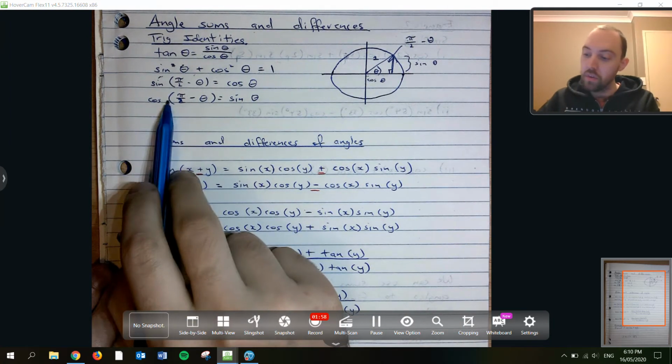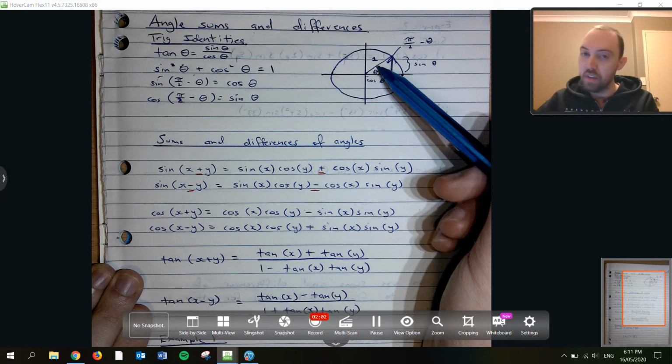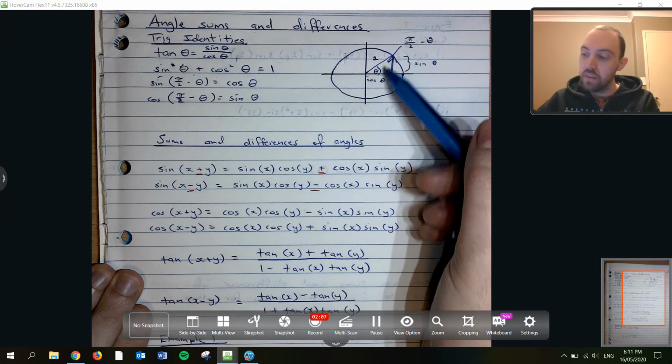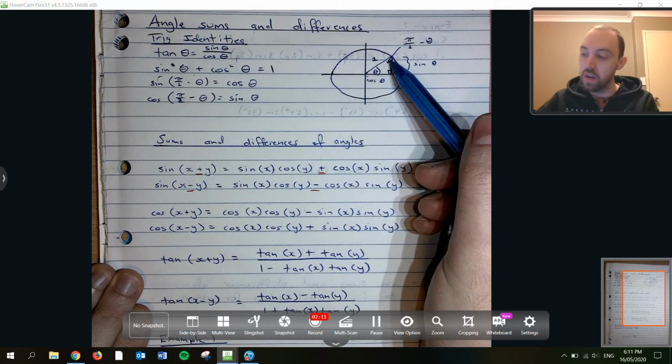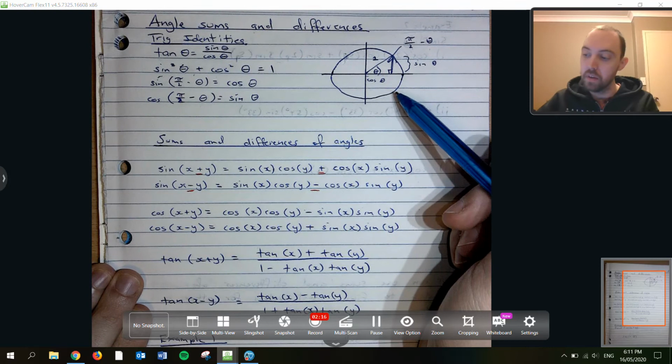These other two, sine and cos, are quite closely related because you're thinking of this angle here where we've defined sine and cos previously. If you think about the other angle here in our 90-degree angle triangle, this is 90 degrees, or pi on 2 radians. Take the angle, okay?